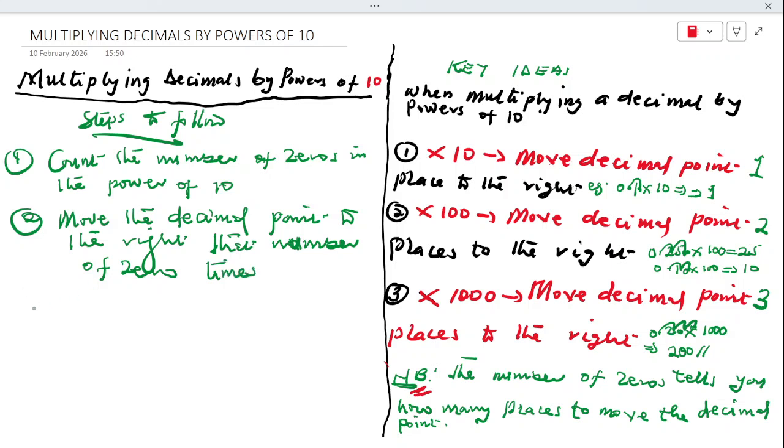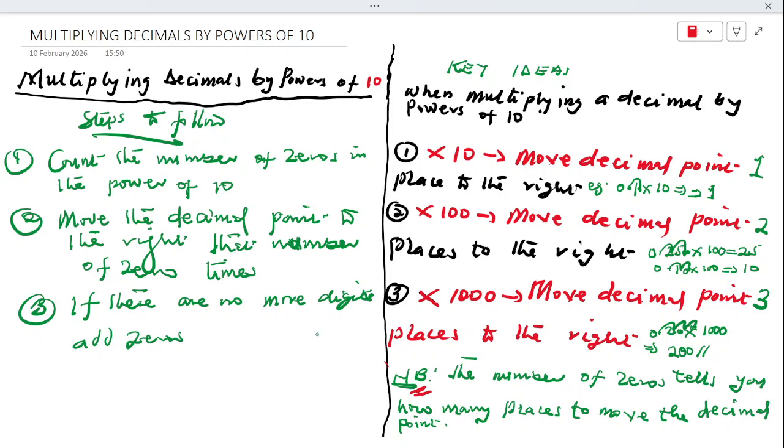All right, and finally, number 3, if there are no more digits, add zeros. So if there are no more digits, add what? Add 0.